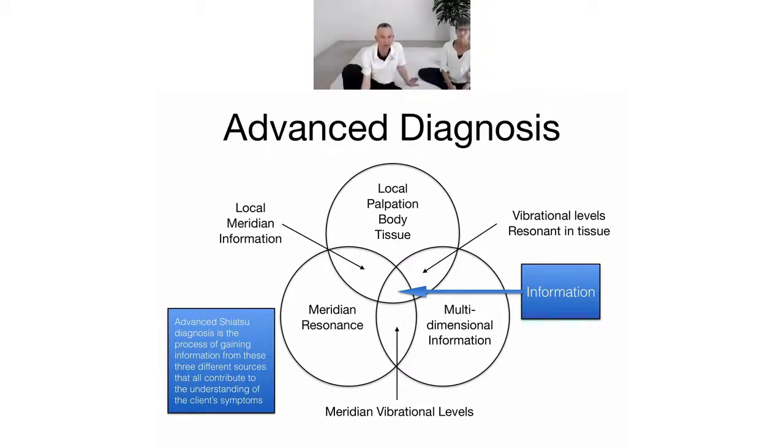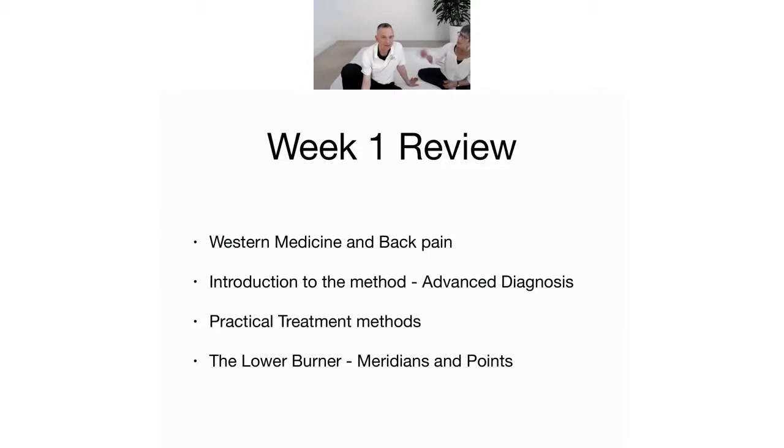And later on in the course, we'll look at multidimensional stuff. As we remember when you were working on me and I said, oh, that felt more ancestral. And also when I was working on you just then, I was getting information that wasn't to do with your lower back at all. And I'm thinking, we're all doing that all the time.